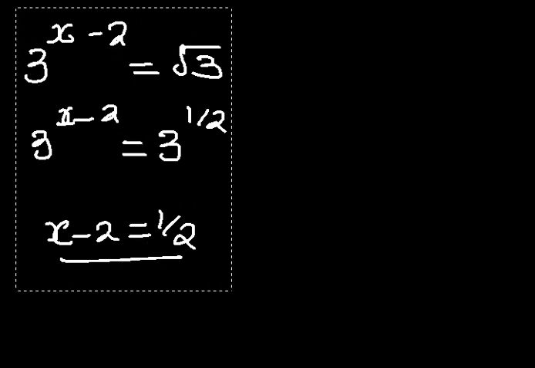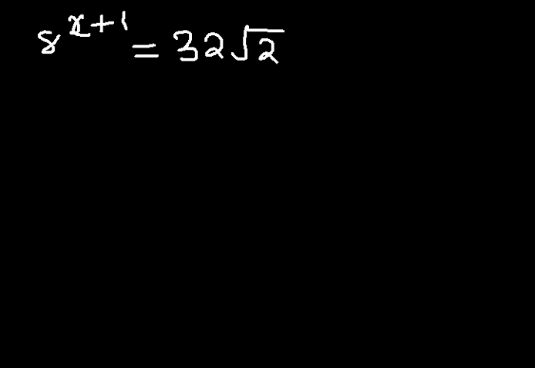And how about another case, that goes like this. Let's say we have 8 to the power x plus 1 is equal to 32 times the square root of 2. How should we handle this? What is the lowest base 8 can be expressed in, and what is the lowest base 32 can be expressed in?